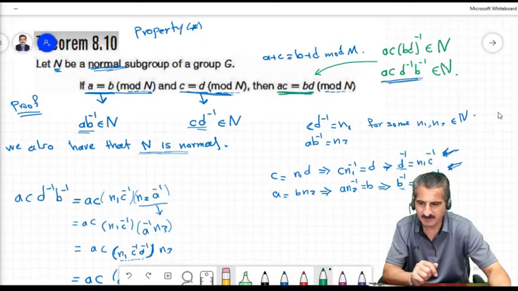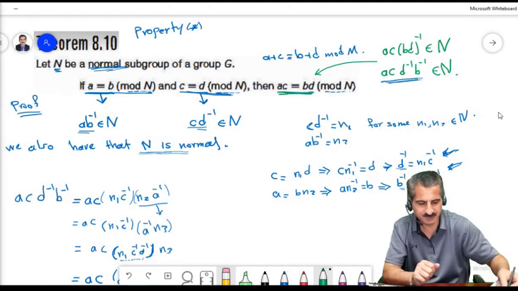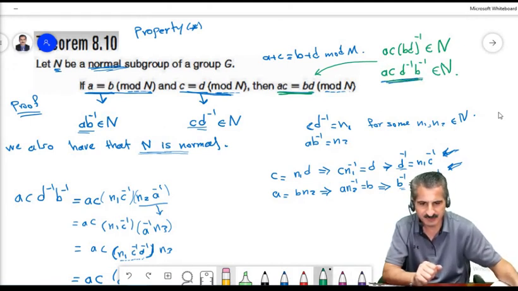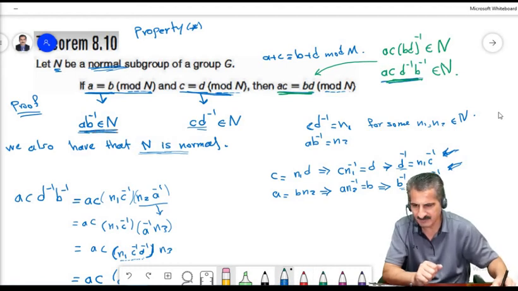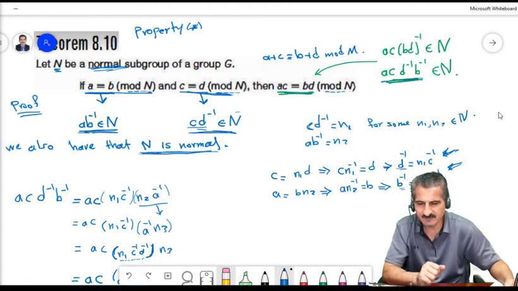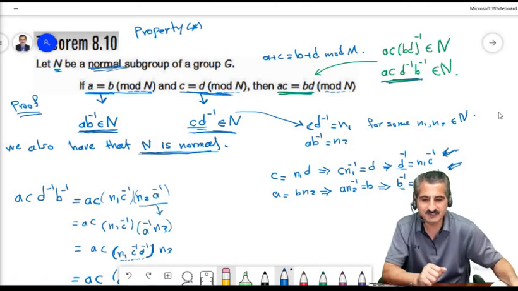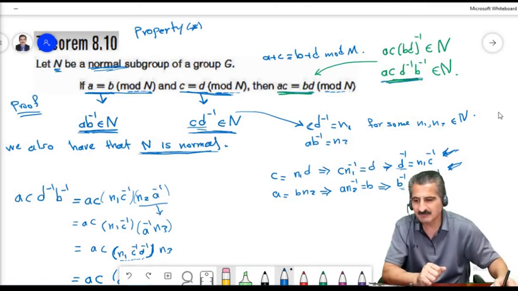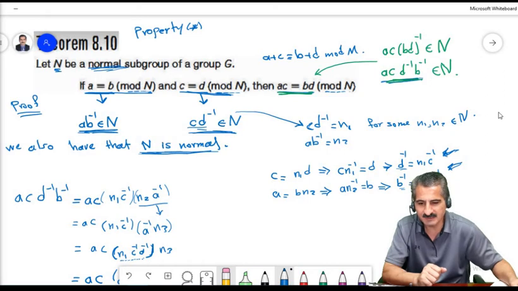Okay, so our question was how to reach this green here out of the blue we have here. We have this, and we have N normal. Now because CD inverse belongs to N, that means CD inverse equals n1 for some n1, and because AB inverse belongs to N, that means AB inverse equals n2 for some n2.